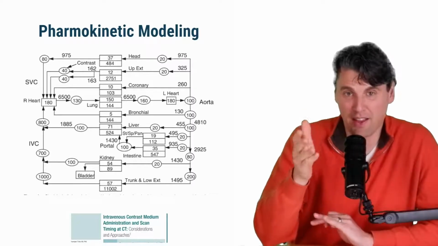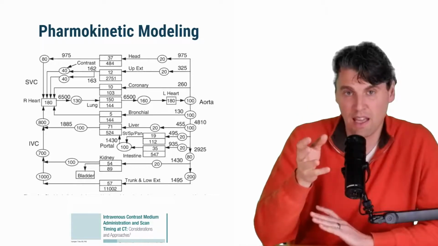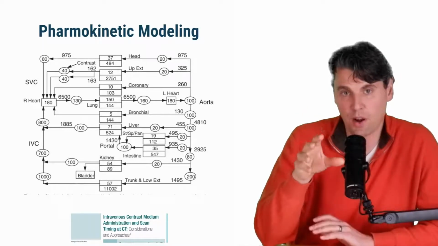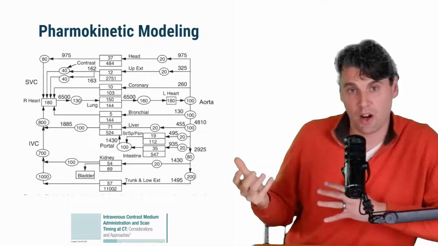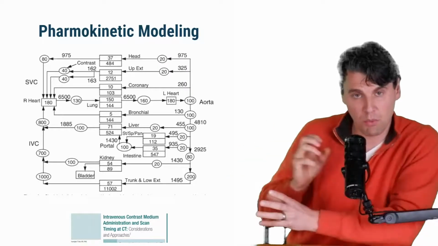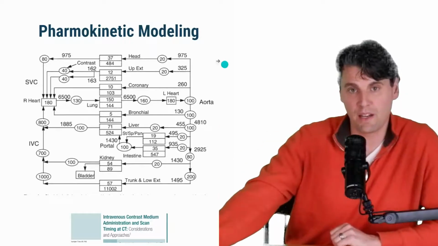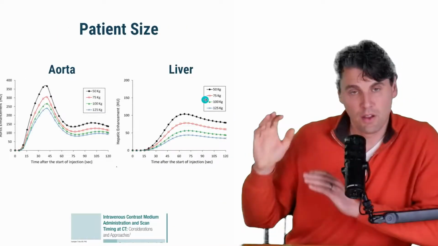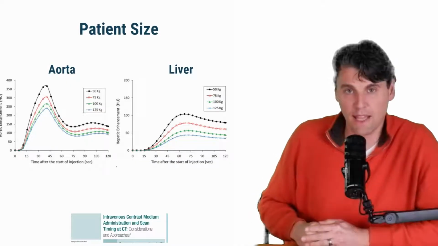This is, I think, the most detailed analysis which has been done in this field, and it presents pharmacokinetic modeling. So if you think about how each of those chambers are connected, how large they are, and what's the resistance for the fluids going through there, you can make a pharmacokinetic model, and then we can make plots of the different areas. So the aorta and the liver are common ones that we're going to be looking at.